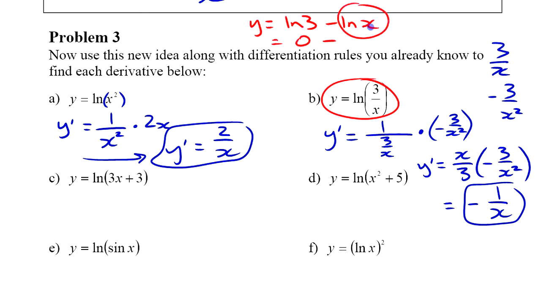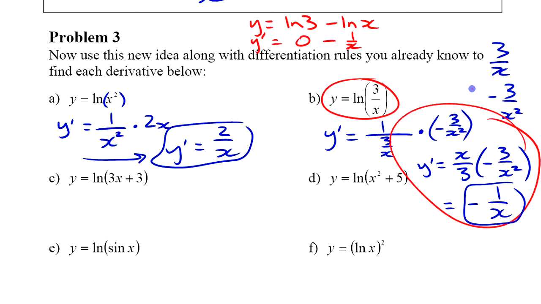And ln of x is just the basic natural logarithm function, so its derivative is 1 over x. And so y prime is 0 minus 1 over x, or just minus 1 over x, same thing as we had down here. So if you know your logarithm laws, sometimes you can make things a lot simpler by using them first, rather than doing all this algebra.